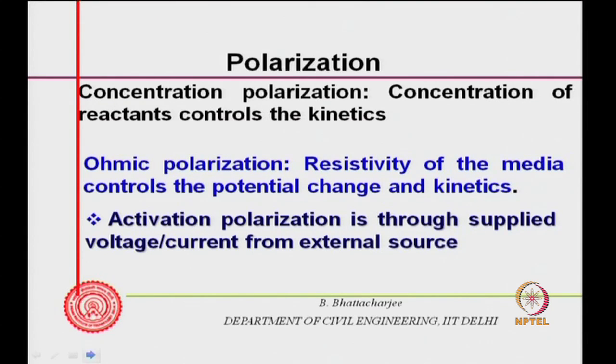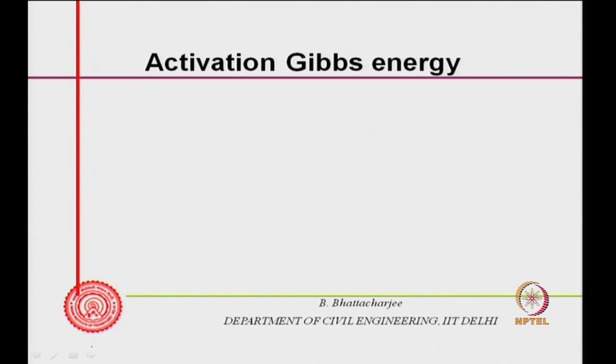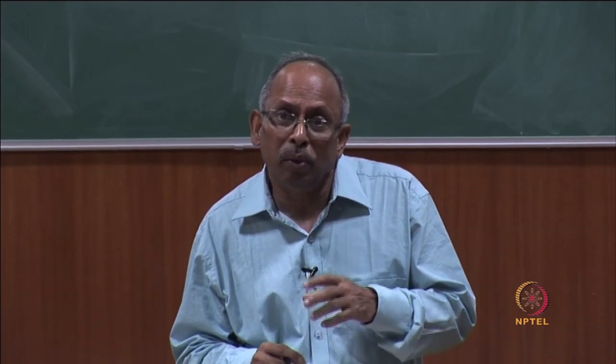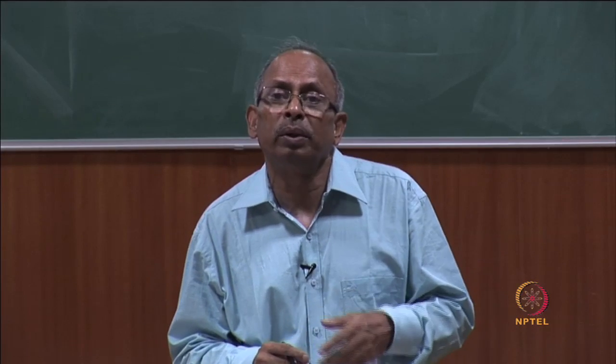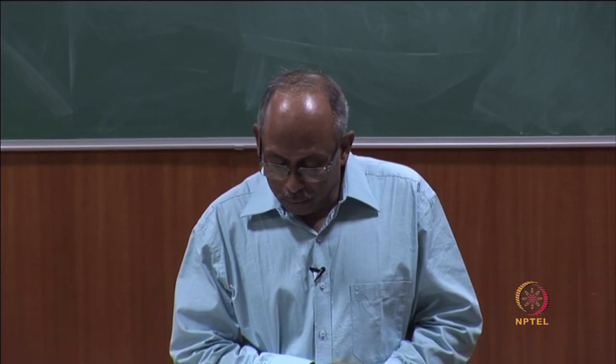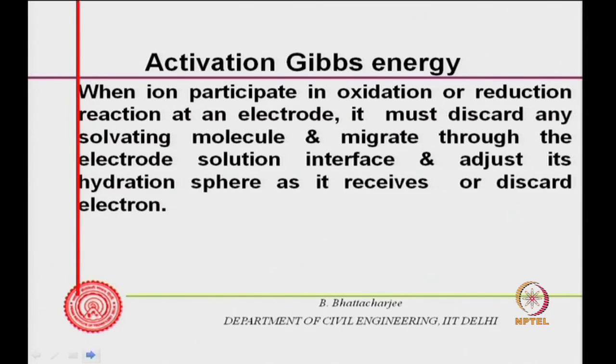This activation polarization is used, but that also gives us understanding, because the kind of polarization that would occur depends upon the original corrosion process that was going on in the corrosion cell. Now, this activation, when I am applying additional current from outside, when an ion is participating in an oxidation or reduction reaction, it must discard any solvating molecule to which it was attached.